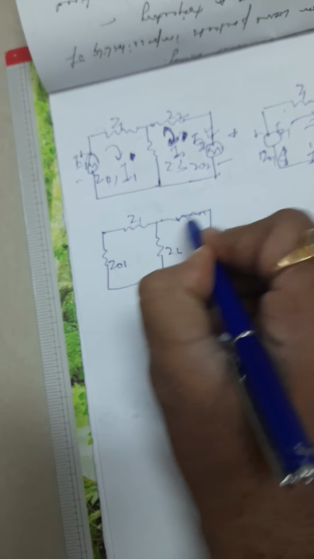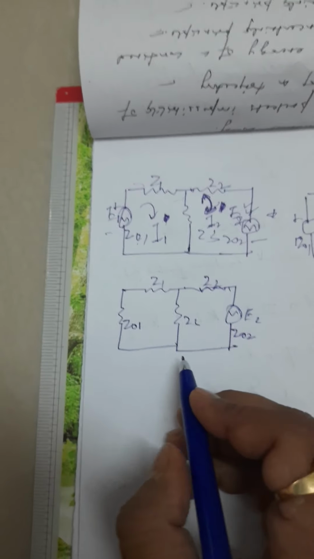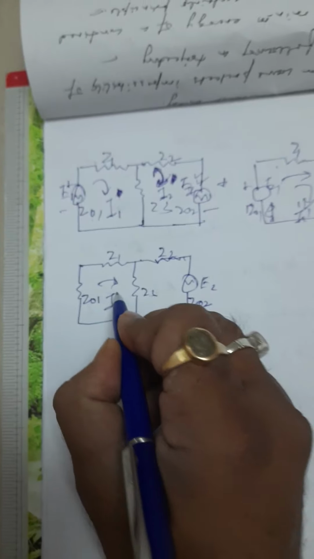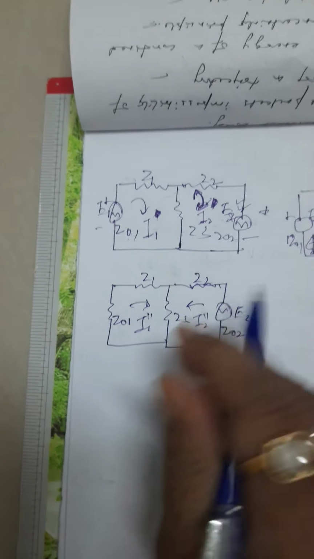Z1 is here, Z2 is here. In this case we have the current I1 double prime, and here we'll have I2 double prime.